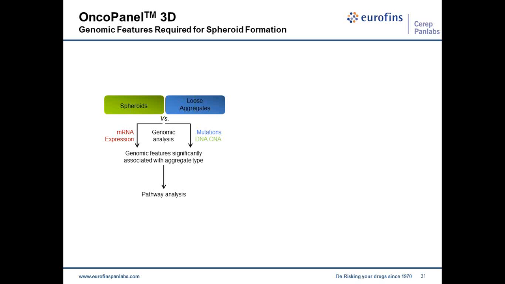So one of the other interesting questions that we could ask, given we had a genomics analysis capability, was what are the genomic features that are required for spheroid formation?